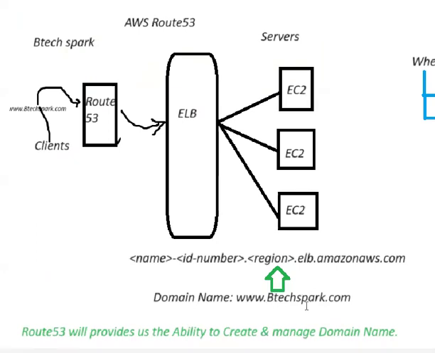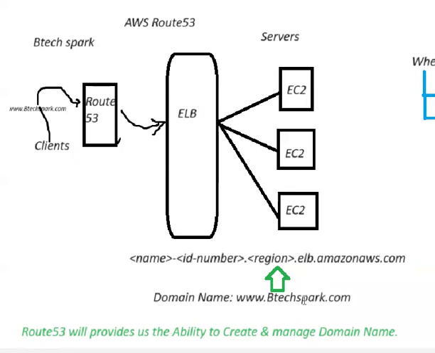In AWS, Route 53 will provide you that service. So let's say you buy this domain and you have the IP address of your ELB.